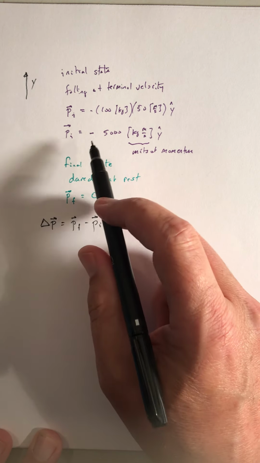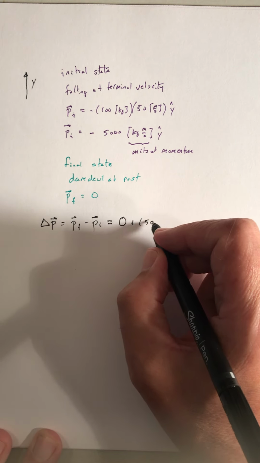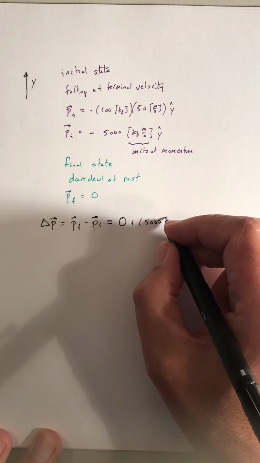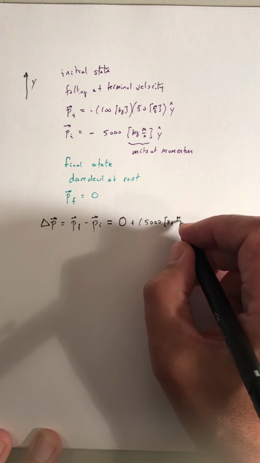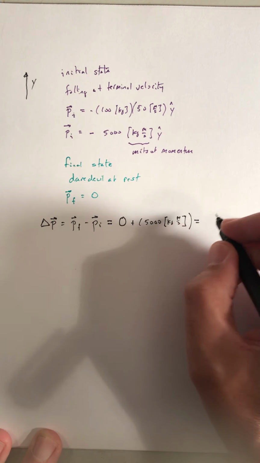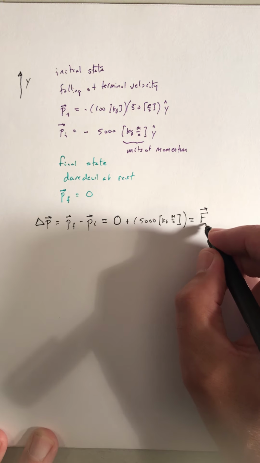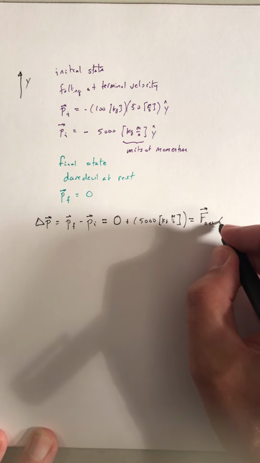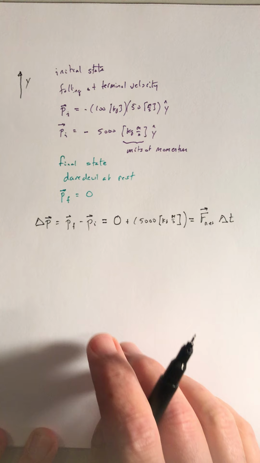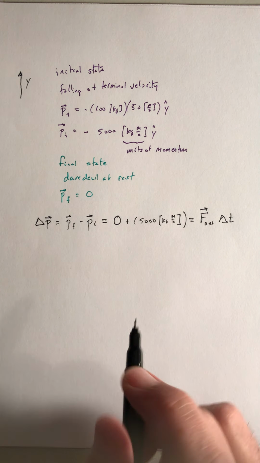We have minus minus, so it's going to be plus 5,000 kilogram meter per second. And that is what the average net force acting on the daredevil has to be to stop.